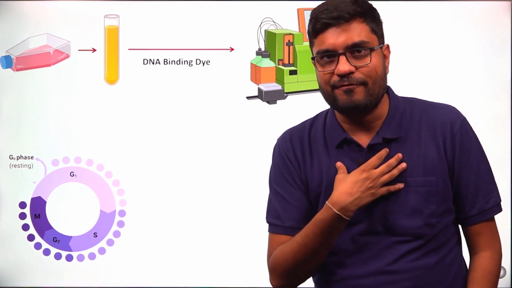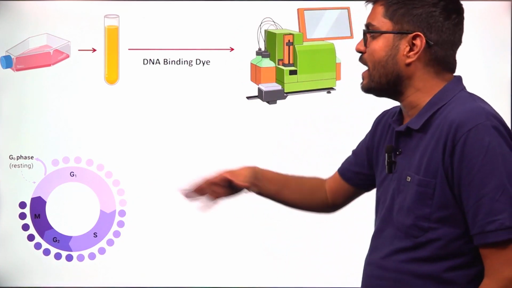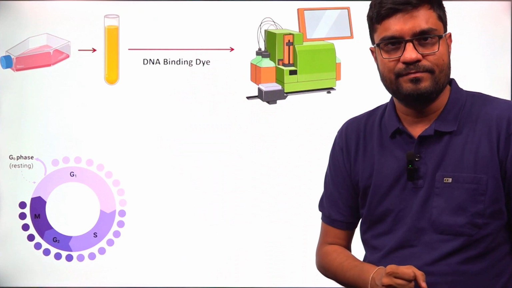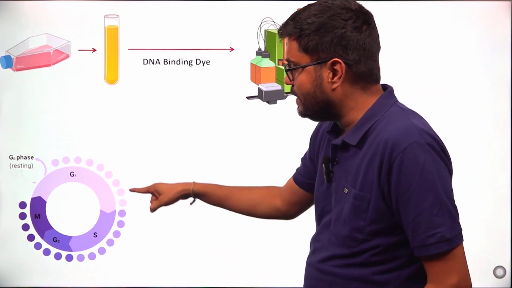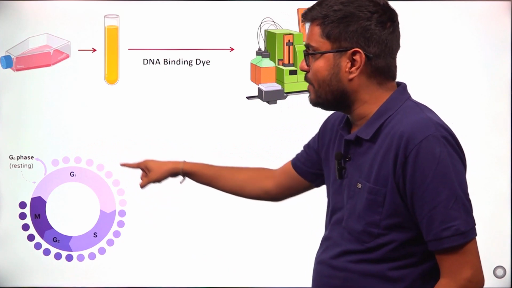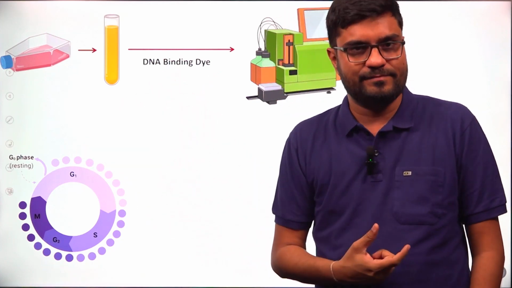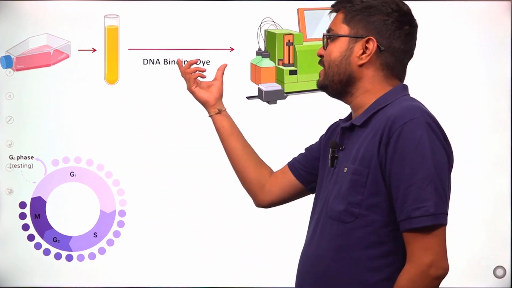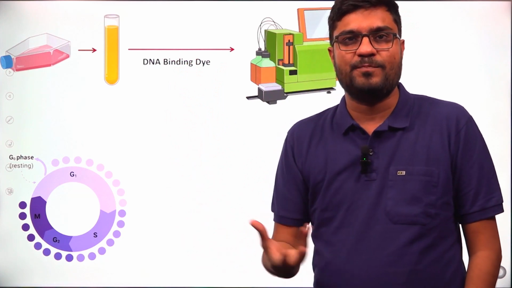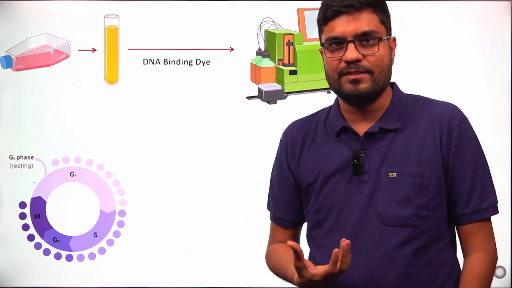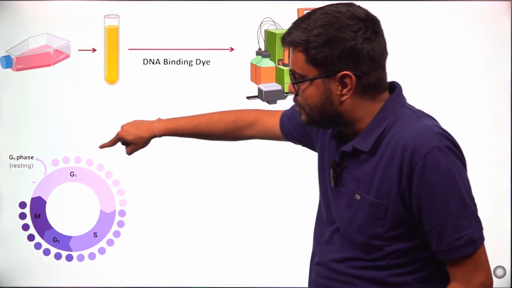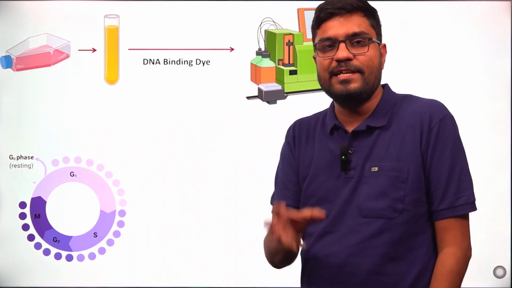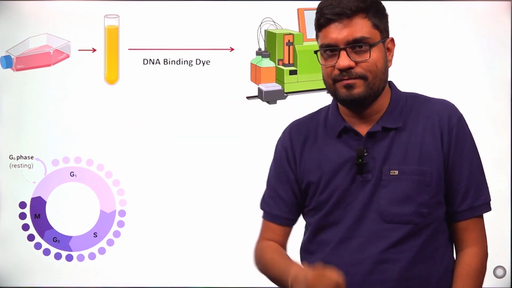So what kind of graph will I get? What I am using here is a DNA binding dye. I can safely say that these cells will have the least amount of this DNA binding dye, one example of which is propidium iodide, which gives us fluorescence after binding. So the cells in G1 will give us the least amount of fluorescent signal.